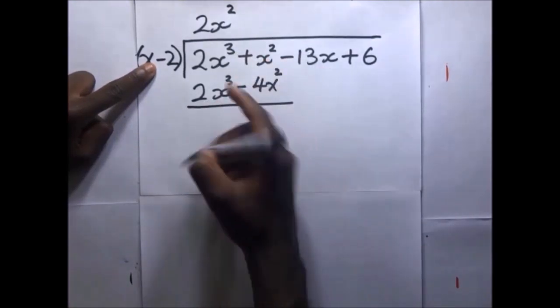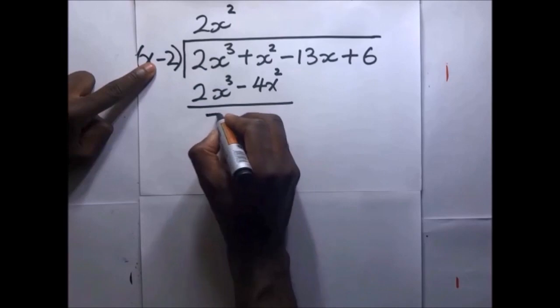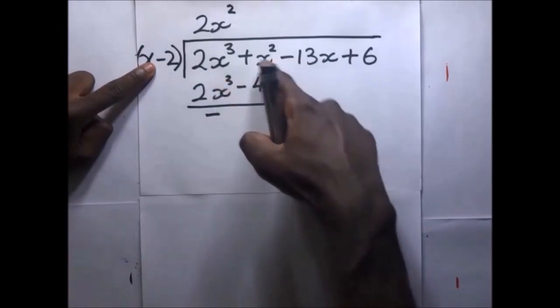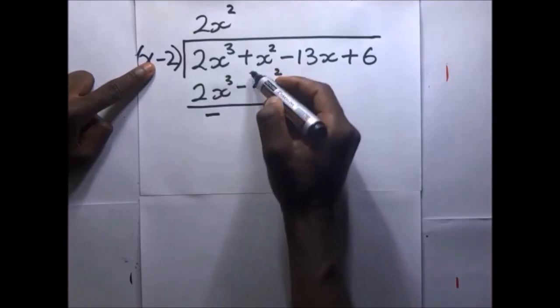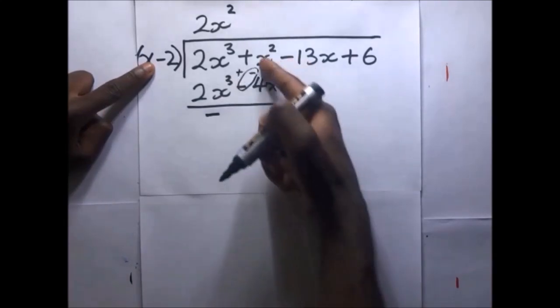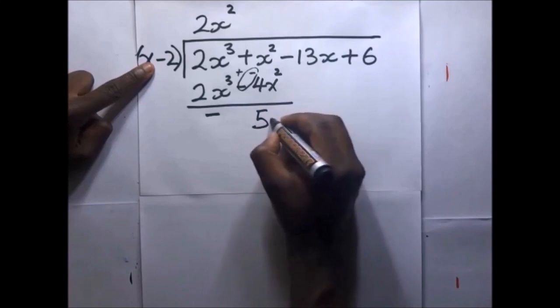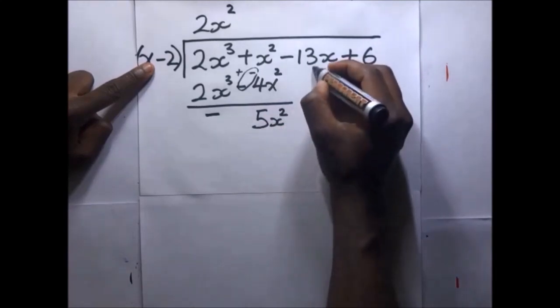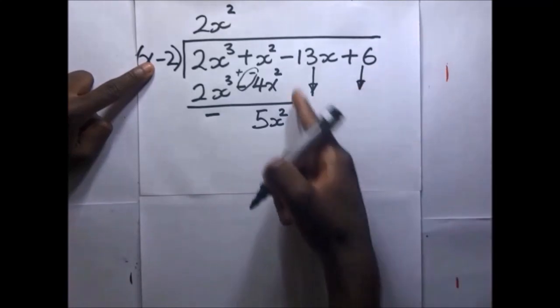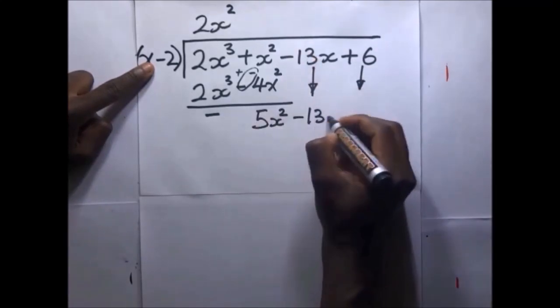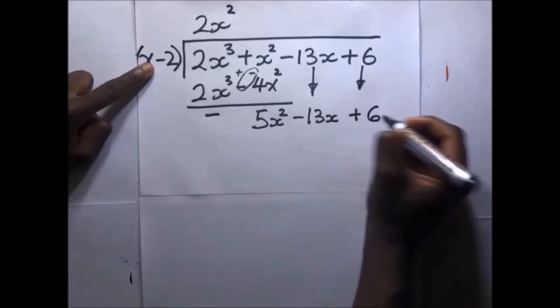When we subtract these two, this minus that leaves 0. The x squared minus negative 4x squared becomes positive, so this plus that gives us 5x squared. Then we pull these other terms down: minus 13x plus 6.